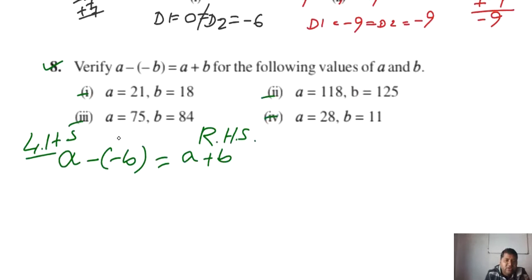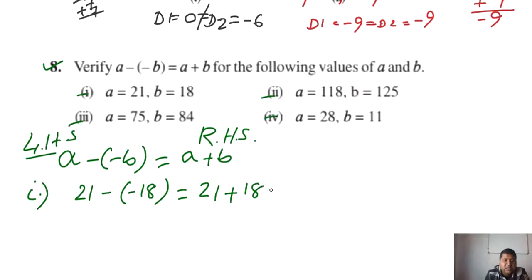Firstly, for example 1, 21 minus of minus 18, that means 21 plus 18, that means 39.